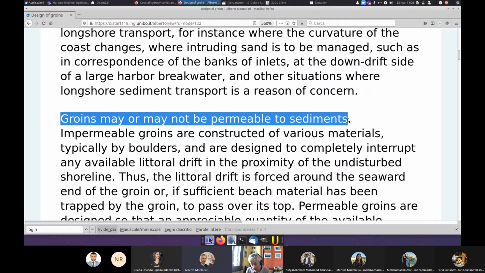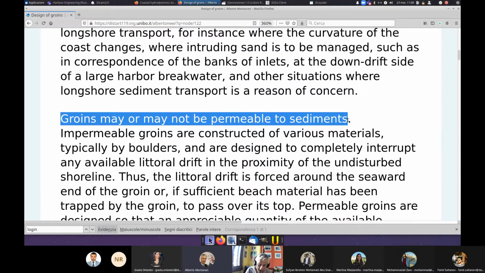So if you want to make the final result smoother, especially if the intervention covers a long portion of the coastline, it may be advisable to start with permeable groins. And in some cases, permeability can also be characterized by flexibility.